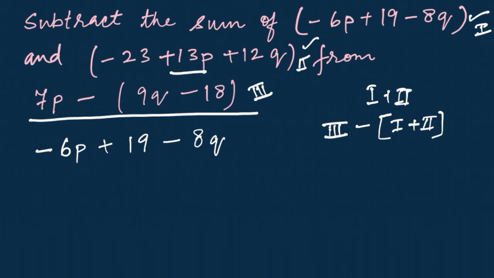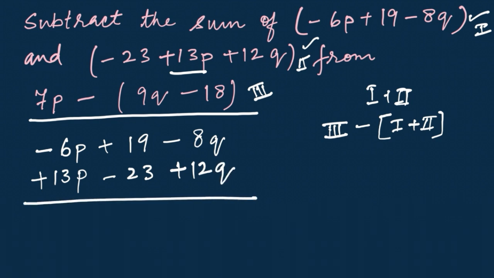This is 13p, so plus 13p, then minus 23, then plus 12q. Now you are finding the sum, means this is addition. When you are doing addition, you will not change the sign. The signs will remain the same.